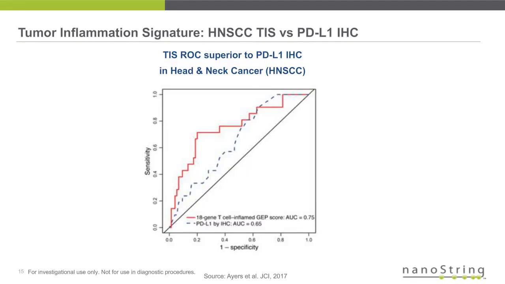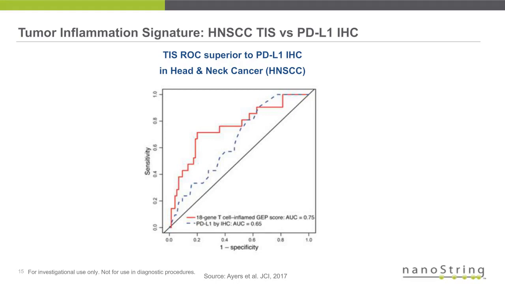I wanted to show one slide next that you're seeing here that compares the tumor inflammation signature to the PD-1 immunohistochemistry. This is a test that was done in head and neck cancers where patients' tumors were scored by the TIS assay and also by the PD-1 assay.